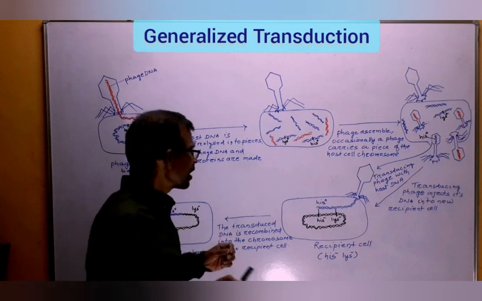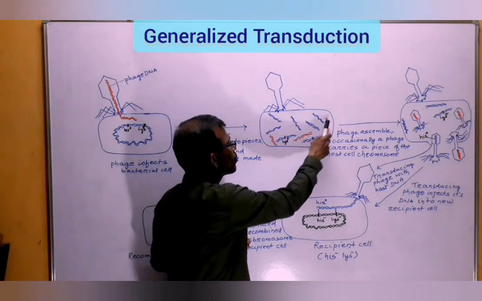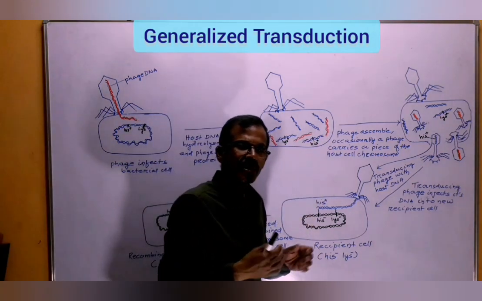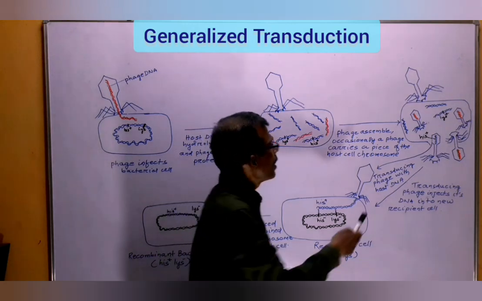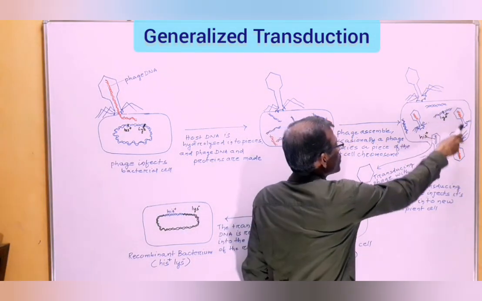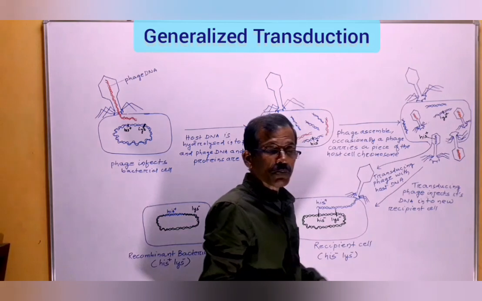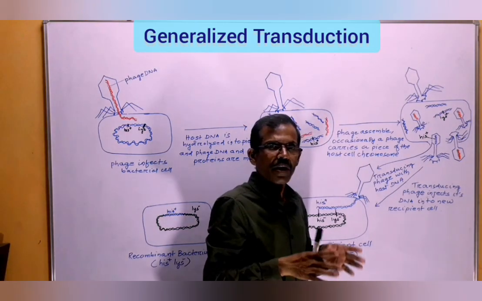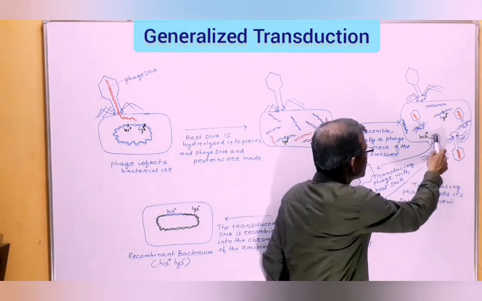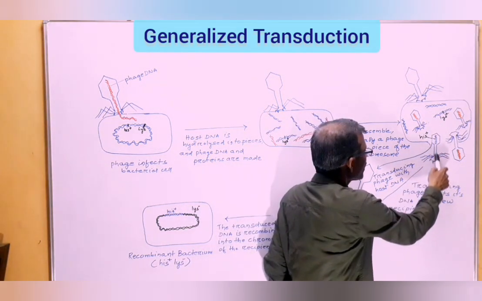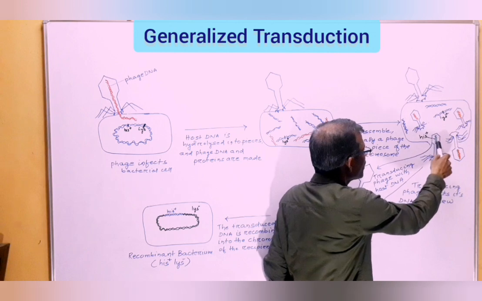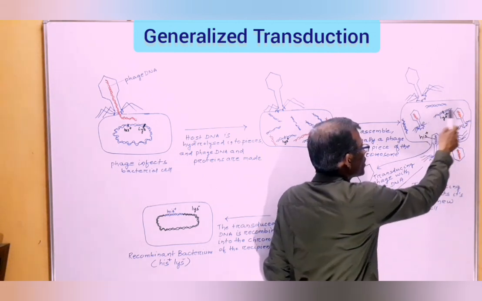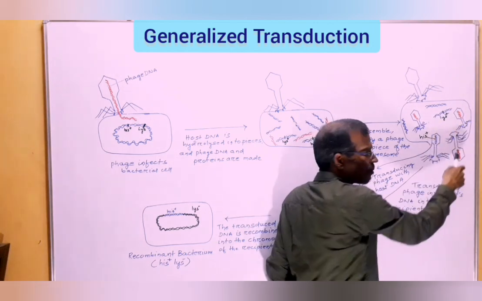At the same time, phage DNA and proteins are also synthesized. During the assembly stage, when phage genomes are packaged into capsids, some random bacterial DNA fragments are mistakenly packaged. So here, this is a phage particle that contains only the bacterial DNA fragment. Other phage particles contain the viral DNA.